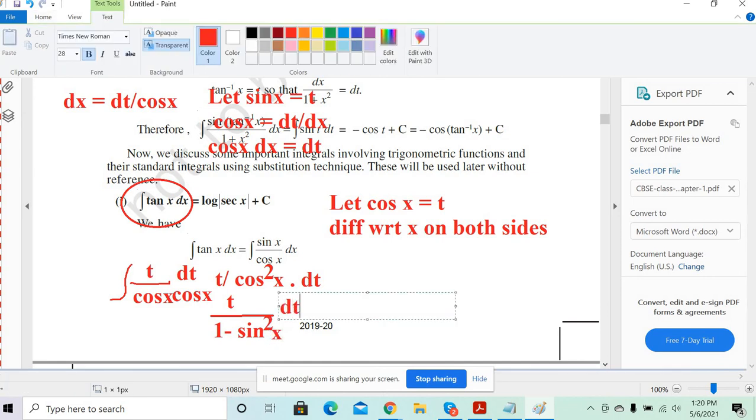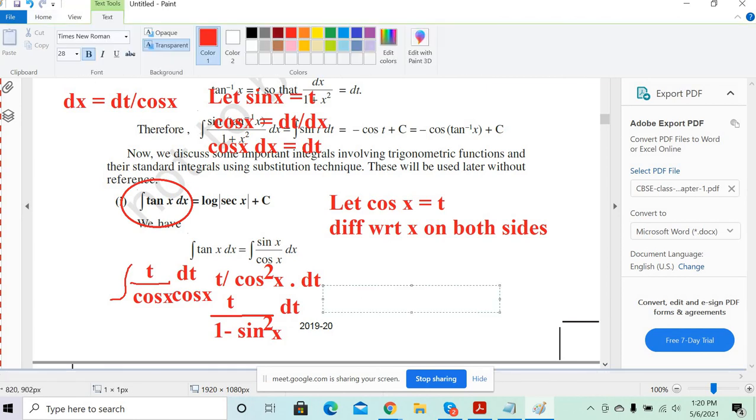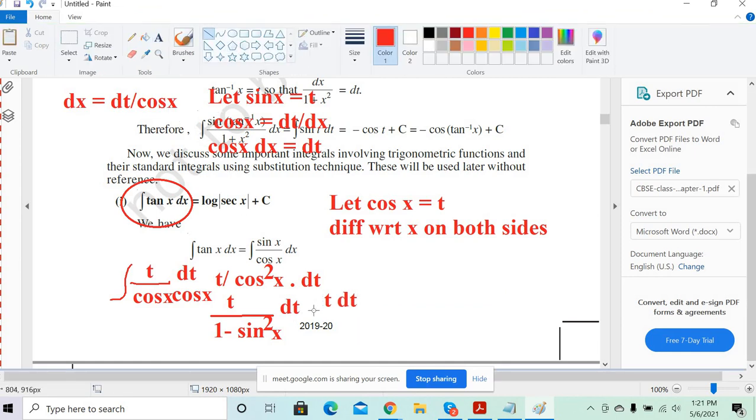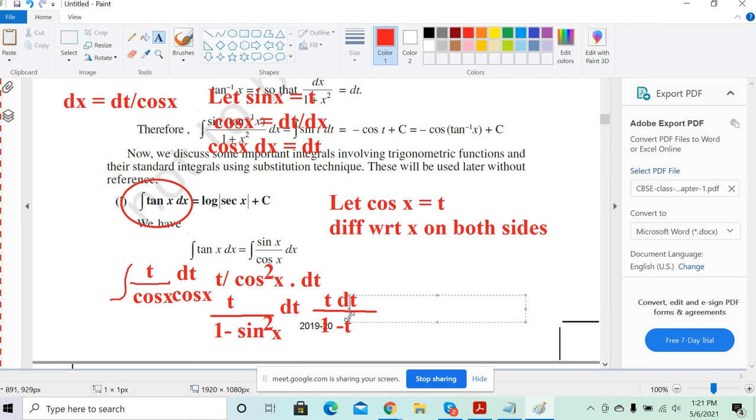Now I can replace it with t by 1 minus t square, because I have taken sin x as t. So t dt by 1 minus t square it became. You don't know how to solve this part right now. So from here, tan x became t by 1 minus t square. Again it became complicated. Clear?